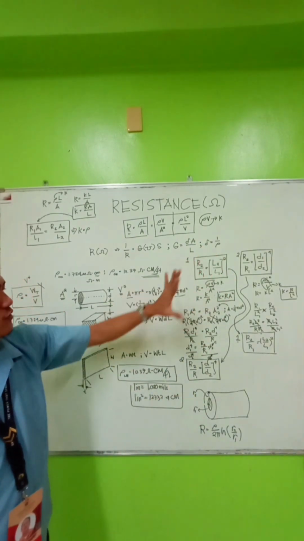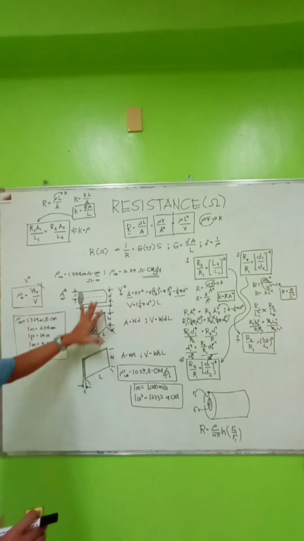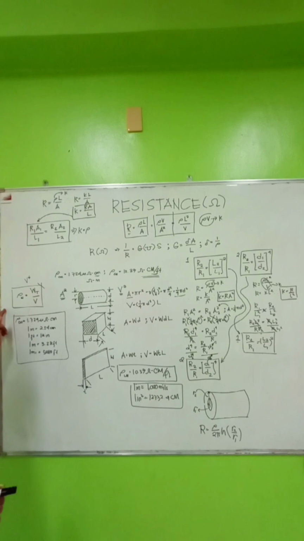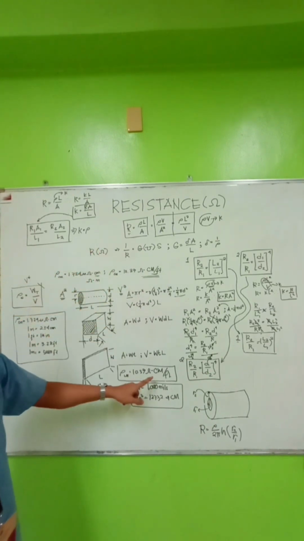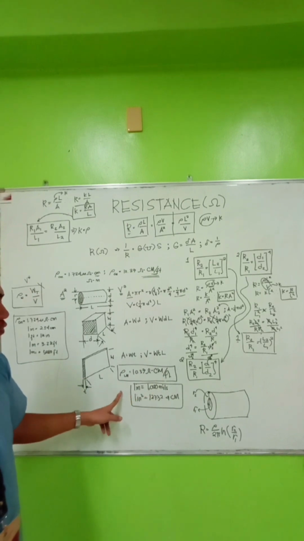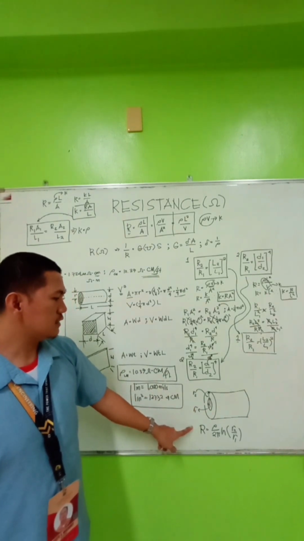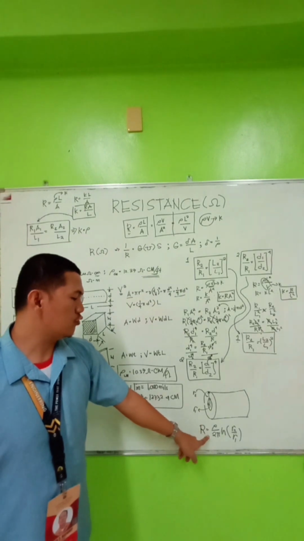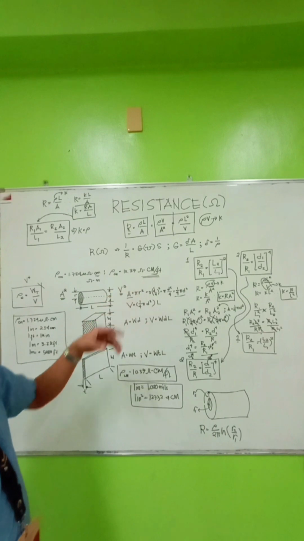We also have the common conversion factors and the reciprocal of resistance. If you're dealing with circular mil, don't forget the conversion factor. If you're dealing with a cable, resistance is resistivity over 2 pi ln R2 over R1.